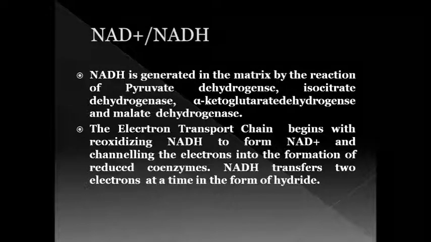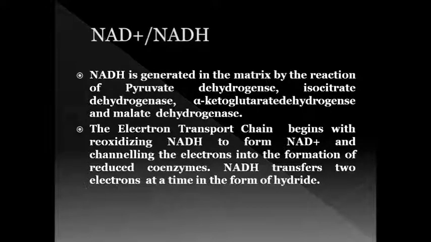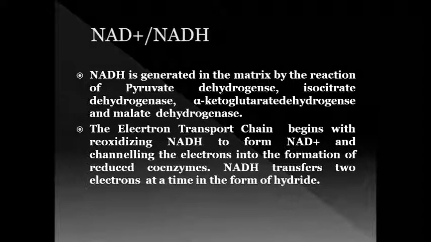The first one, NAD plus and NADH. There are several enzymes that during their reactions produce NADH. They are pyruvate dehydrogenase, isocitrate dehydrogenase, alpha ketoglutarate dehydrogenase and malate dehydrogenase.